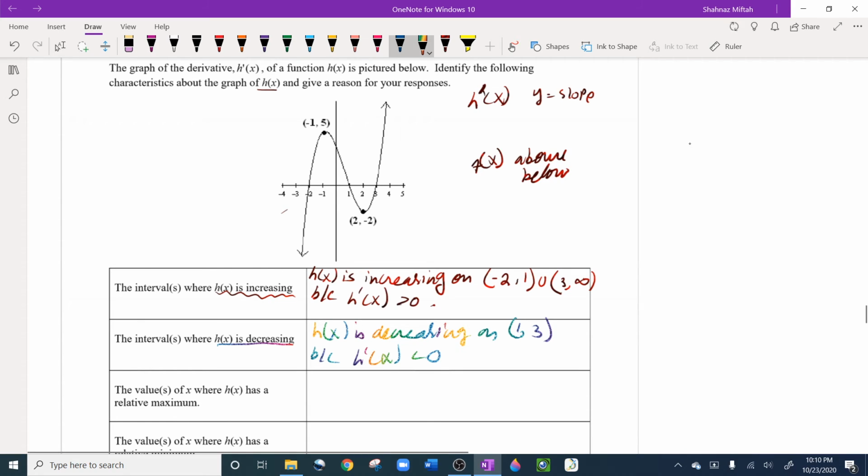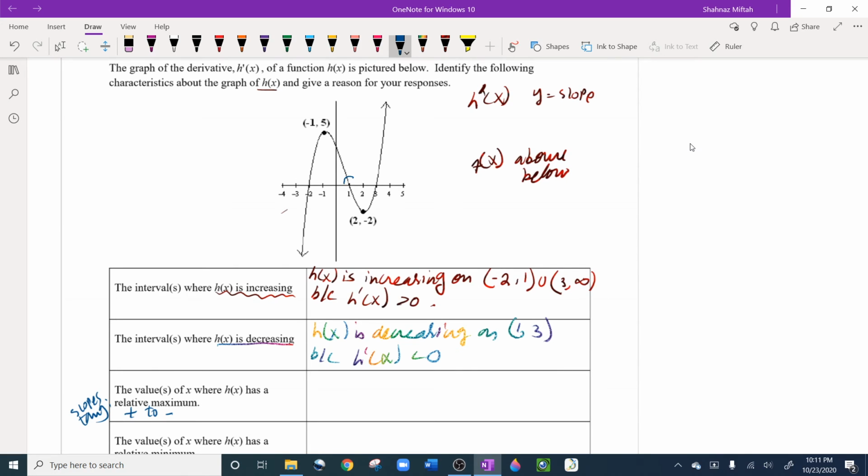The values of x where hx has a relative maximum. Now, what does relative maximum mean? When you go from positive to negative, right? Look at the graph. Going positive to negative means the slopes of tangent lines are going positive to negative. In this case, I don't have tangent lines, but I do know the slopes are at every y value. So where my y values are going from positive to negative. Now look at this.